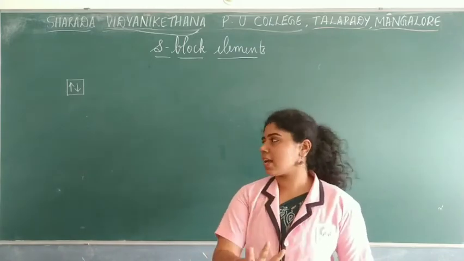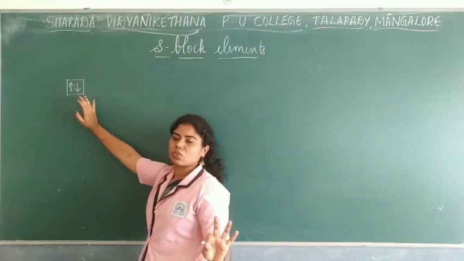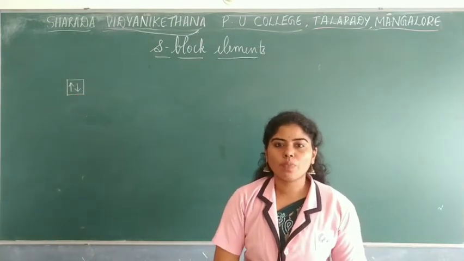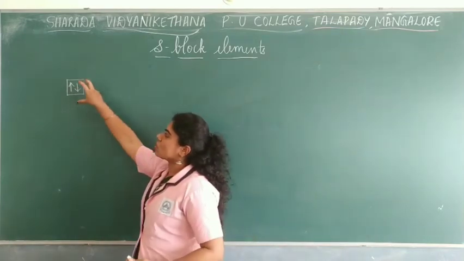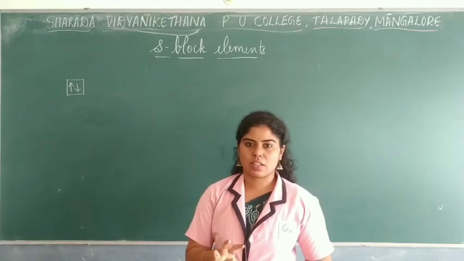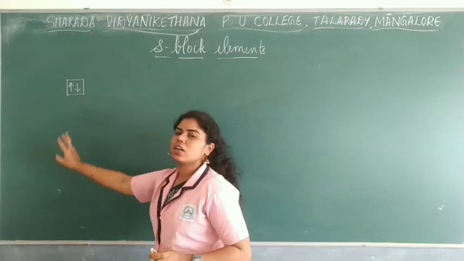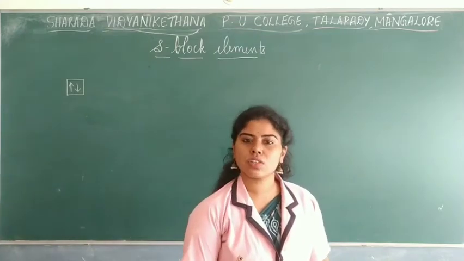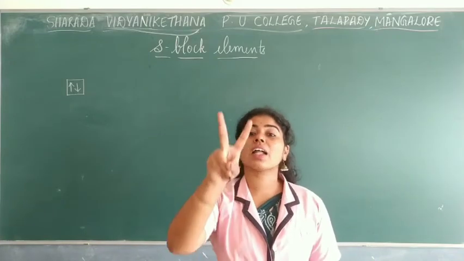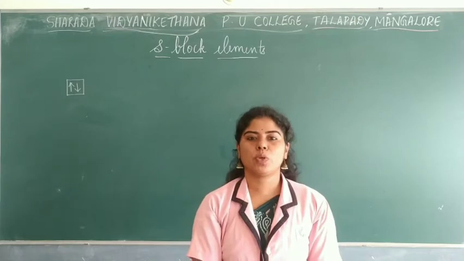As I said, it can accommodate only 2 electrons, which means how many groups could be formed? Obviously, if one electron is occupying the valence S orbital, then there is group 1, and if the second electron is occupying, then there is group 2. So in the periodic table there are only 2 groups of S block elements, group 1 and group 2, right?